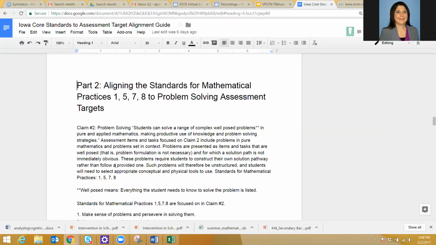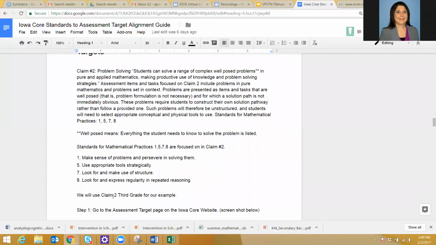Under problem solving, we say that students can solve a range of complex, well-posed problems in pure and applied mathematics, making productive use of knowledge and problem-solving strategies. When we say well-posed, we mean everything that the student needs to know to solve the problem is listed, because when we have kiddos in our classrooms trying to solve problems, we don't want them getting stuck on other information.